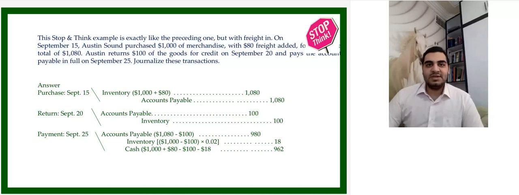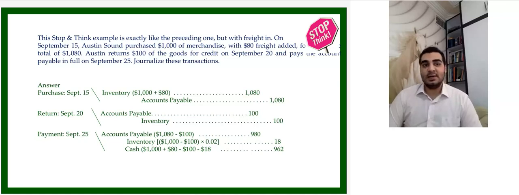On this page, here's another stop and think, and it's exactly like the preceding one, but with freight in. On September 15th, Austin Sound purchased $1,000 of merchandise with $80 freight added, a total of $1,080.